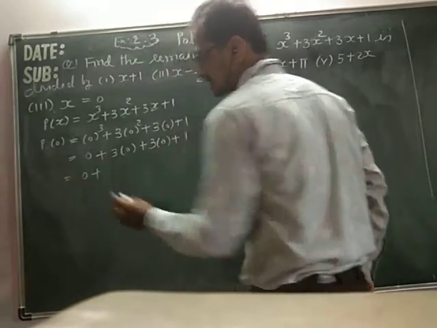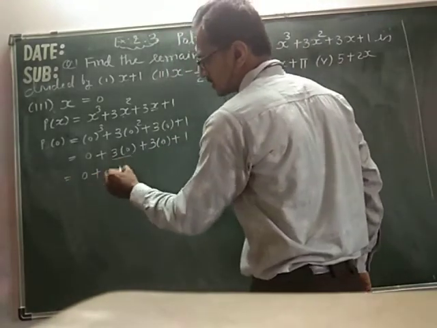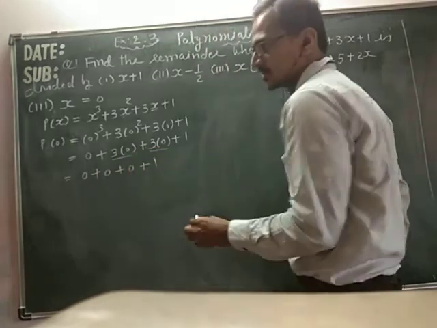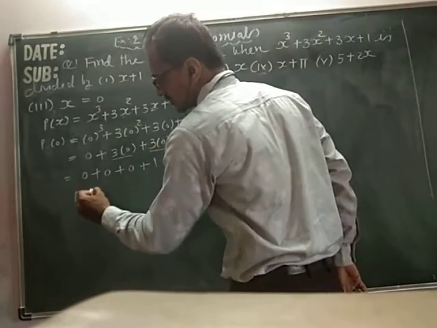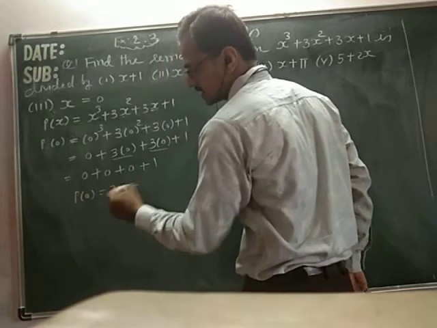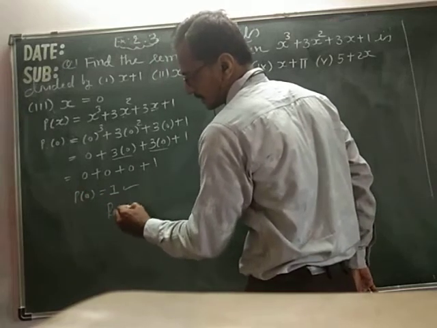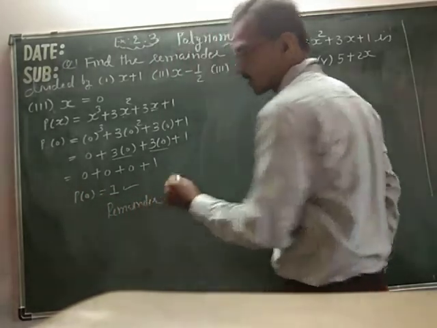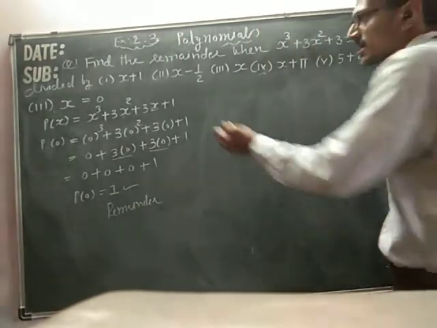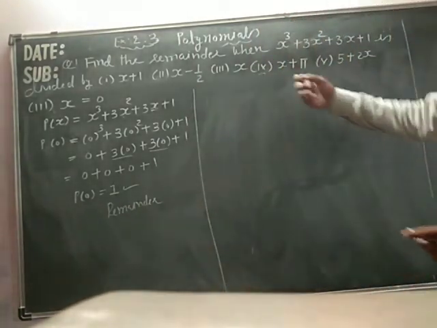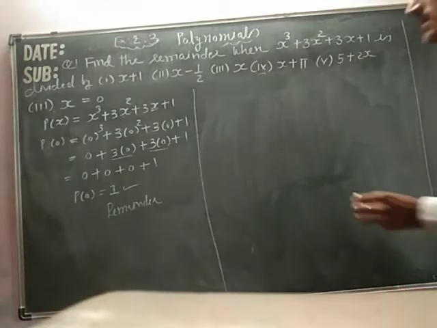So the answer, p of 0, is 1, which is the remainder. Okay, 1 is the remainder.